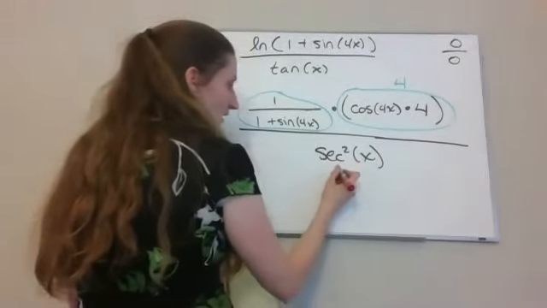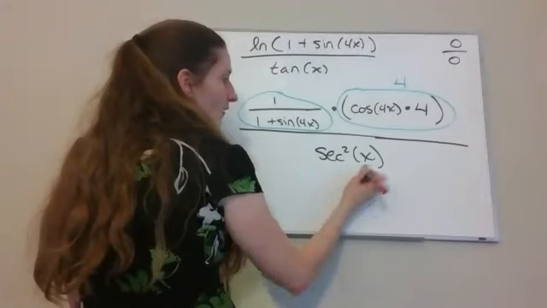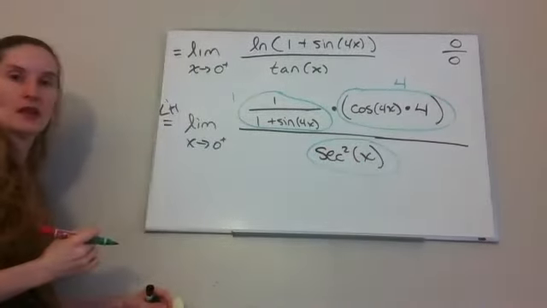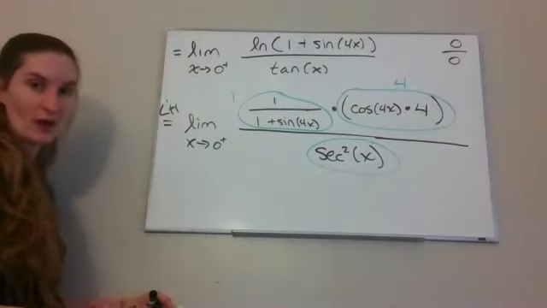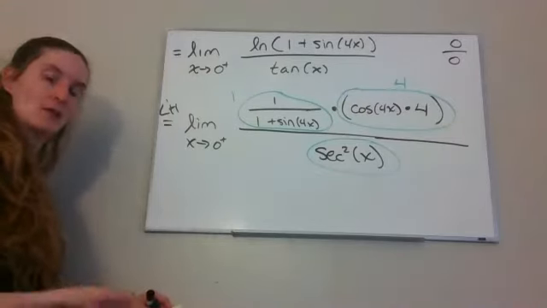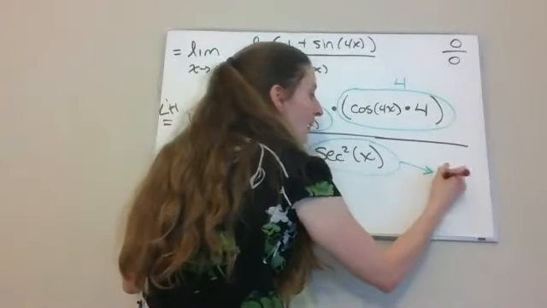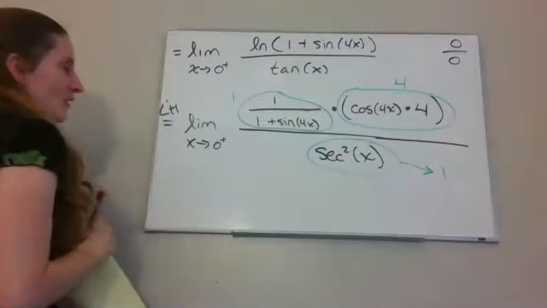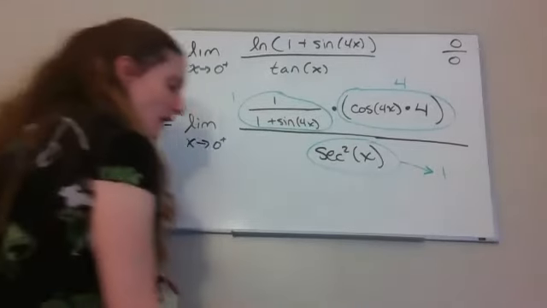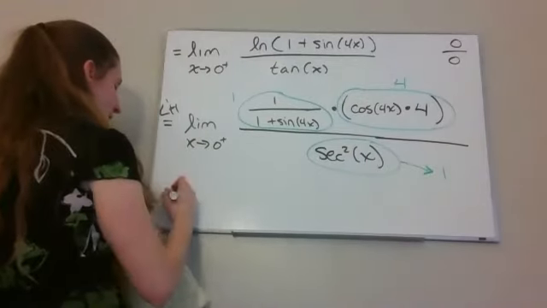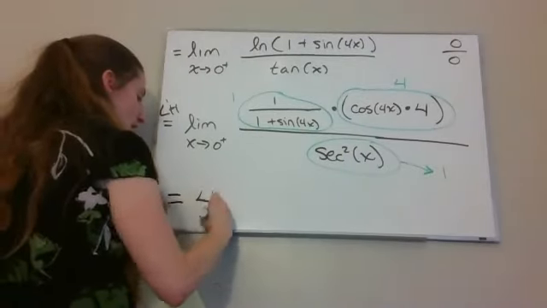Well, secant is 1 over cosine. So this is going to 1 over cosine of 0, and the whole thing squared. Cosine of 0 is 1. 1 over 1 squared is still 1. So when I take the limit, all that I have is 4. This limit is equal to 4.